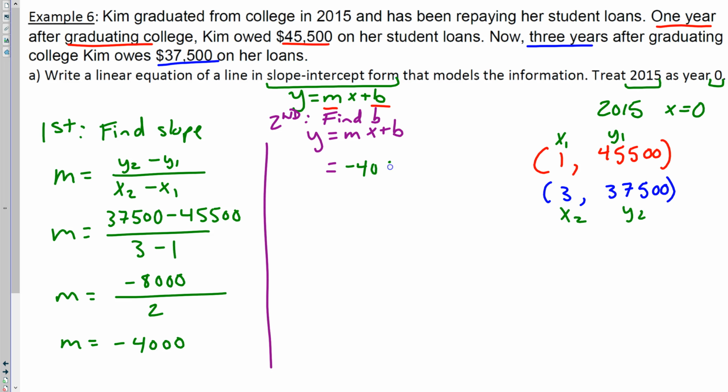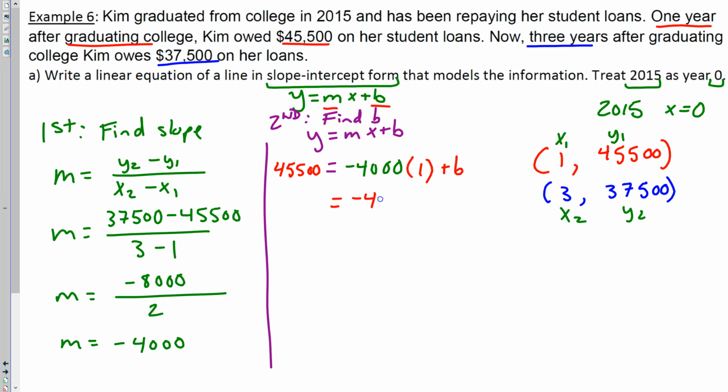So I'm going to let x be that x value of 1, and then y was the 45,500. And why I replaced x and y was so that then I have an equation with just b, and I'm able to find the b. So that's a nice tricky way that you can use the y equals mx plus b form to find your y-intercept: you can temporarily replace one of your coordinates for the x and for the y.